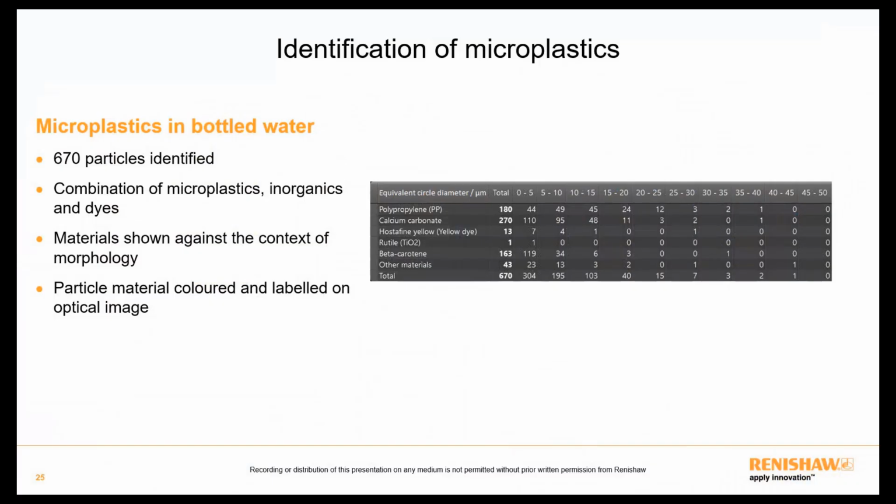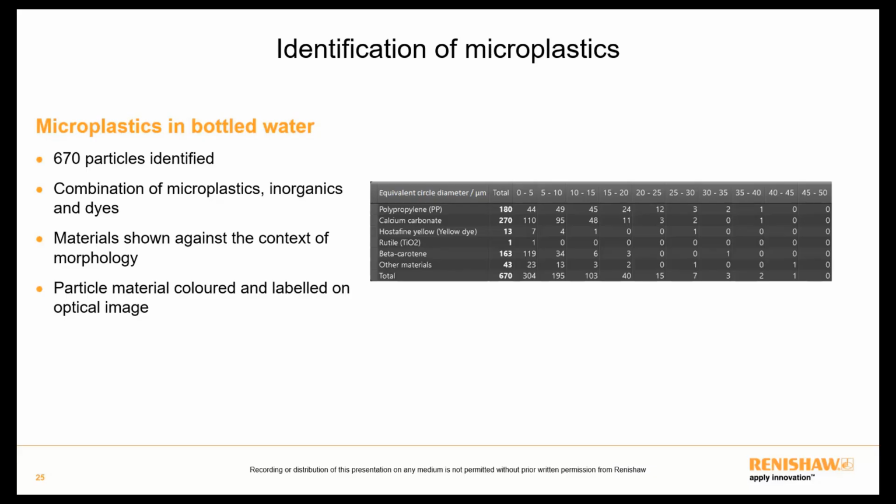After we are satisfied with the material identification, we can then look at our tabulated results. From this filter, we have almost 700 particles that we've identified, some as plastic materials such as polypropylene and polyethylene, other inorganic materials such as calcium carbonate and titanium dioxide. And we also see some dyes. This can be very common with colored plastics.